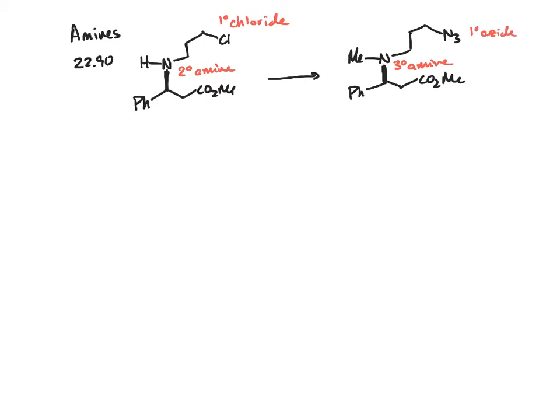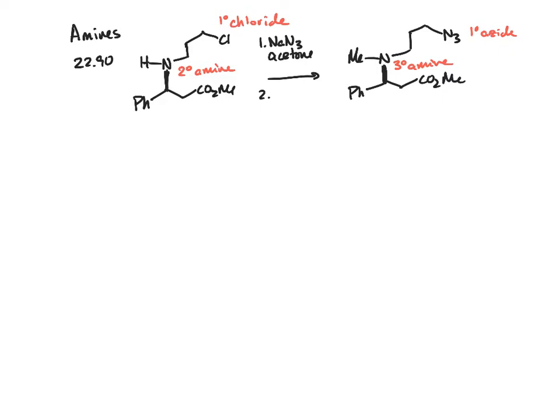So both of these are SN2 reactions, so it doesn't matter which order you do them. To get the azide in there, you would treat with, say, sodium azide, and maybe use acetone as the solvent.